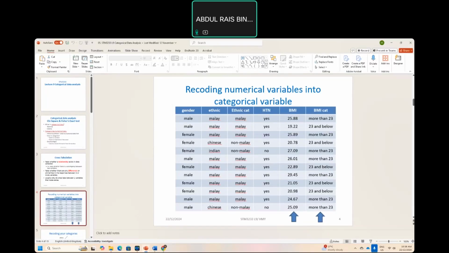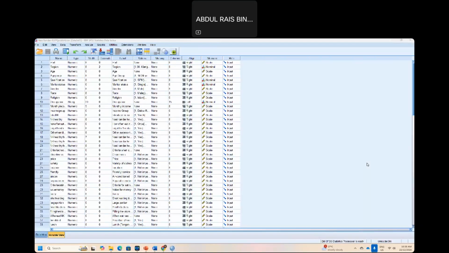Okay, saya rasa saya tunjuk data set lah untuk beri gambaran how data macam mana yang sesuai untuk chi-square sekejap ya. Okay, so kesesuaian data untuk buat chi-square saya tunjuk beberapa ya.